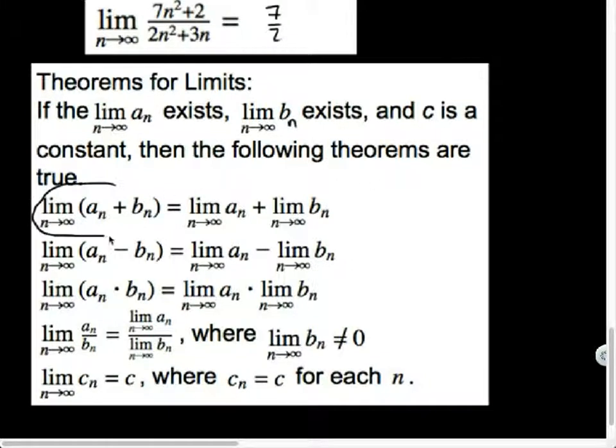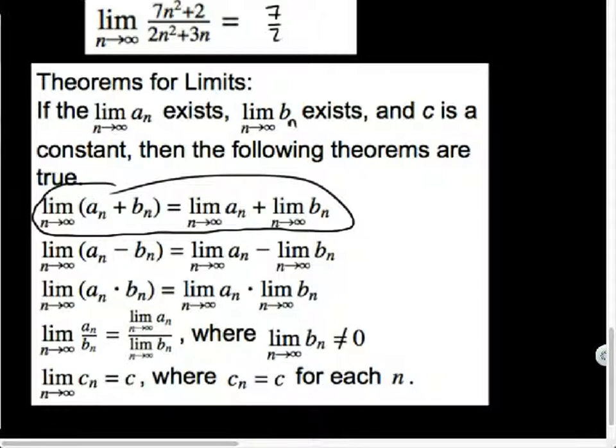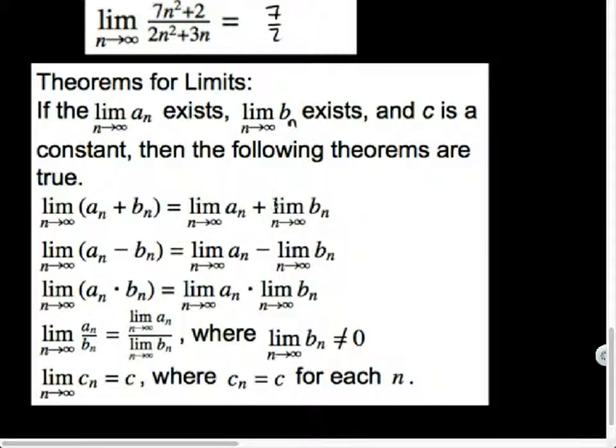Could someone summarize this first thing? What would you express that as? What do you think that means? You can separate the stuff in parentheses. Right, the limit of a sum is the sum of two limits.